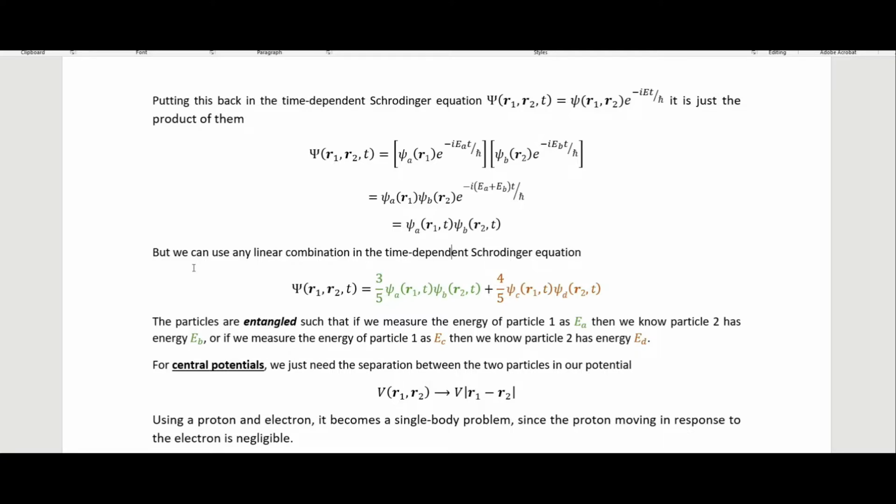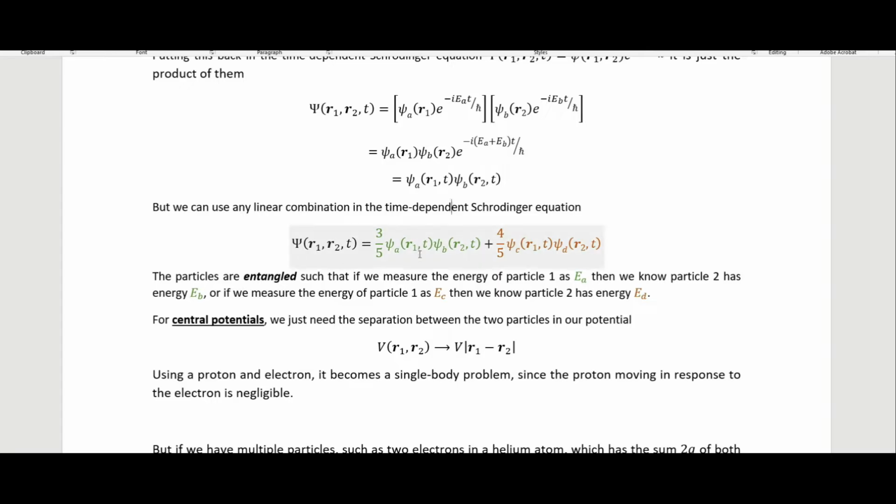But then Griffiths talks about how we can do linear combinations of this now. He gives this example here where we have this term plus this term, where this term is essentially what we just got up here. The ones that are in the same term together, which I have color-coded here, are entangled particles.